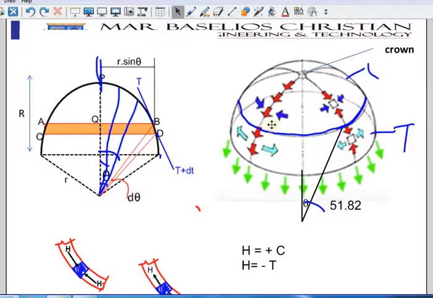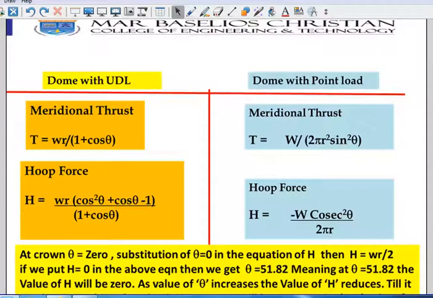So at one point H will be 0, that is the meaning of that. When I say above this H is compression, it means it has a positive value, and below it is a negative value. So the transition from positive to negative has to come through 0. So I want to know at which place H is equal to 0.